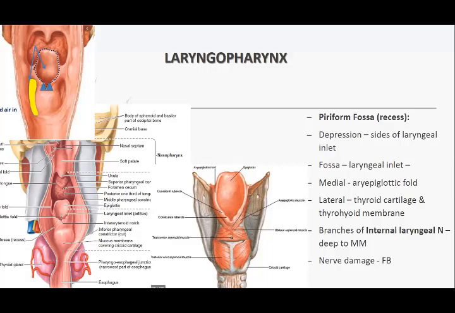No sensation means no reflex coughing, and the foreign body will stay there or it may get dislodged. The laryngeal inlet is right there. This foreign body goes and slips into the laryngeal inlet, and then disaster starts, because from the larynx it can go to the trachea and then to the lungs.